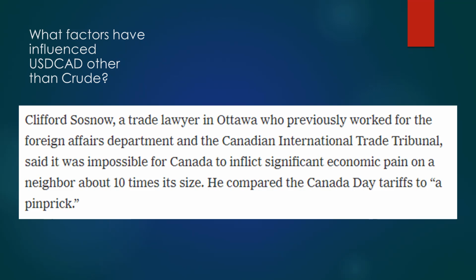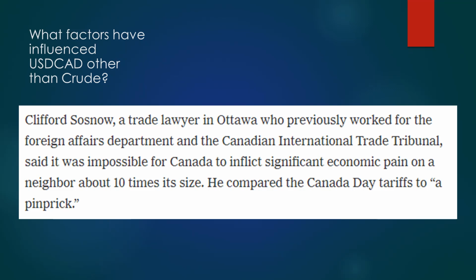If Trump doesn't escalate the tariff picture, then we could see a recovery for the Canadian dollar as markets essentially say, oh, well, we overpriced that a bit.